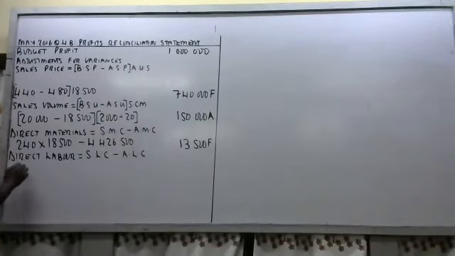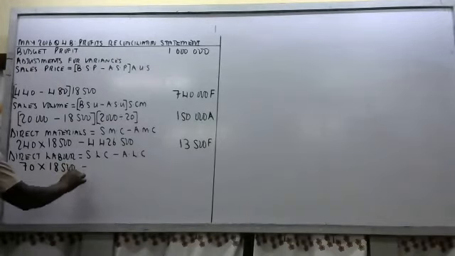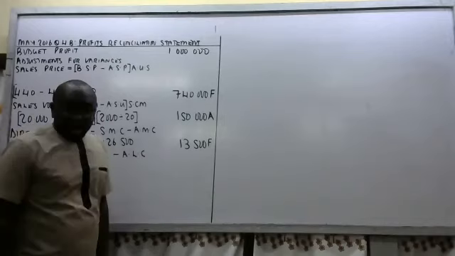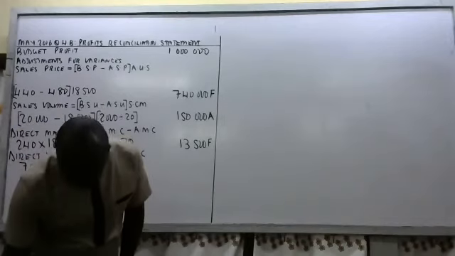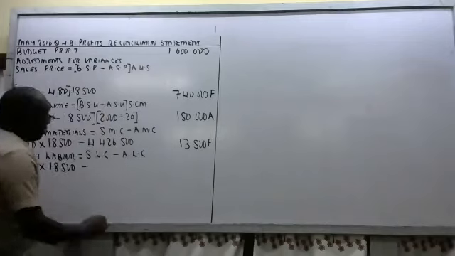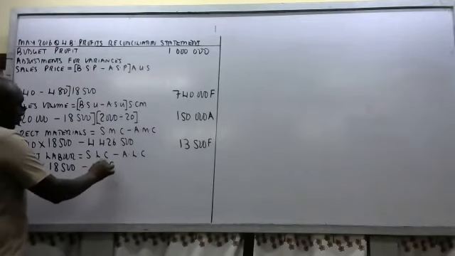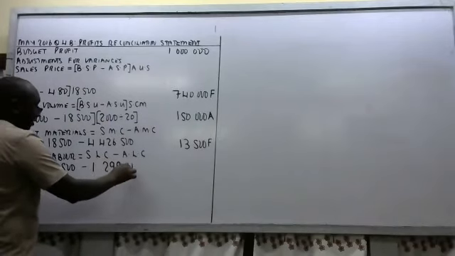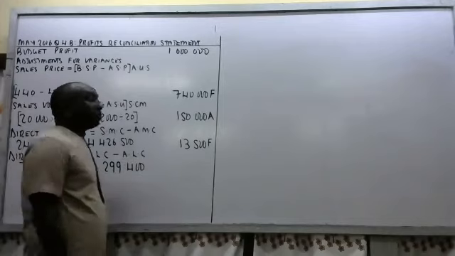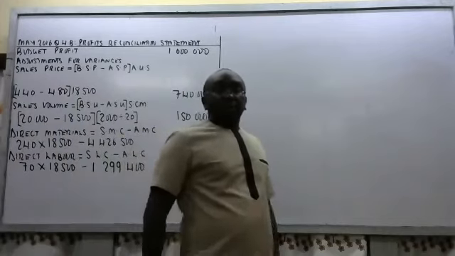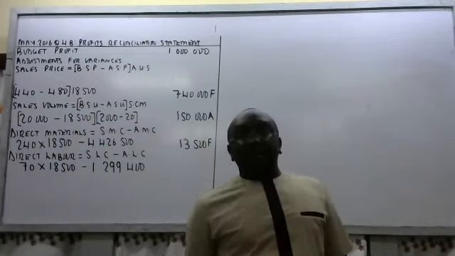So you say 70 times 18,500 minus, where the actual results are, you find 1,299,400. So then give me that answer.